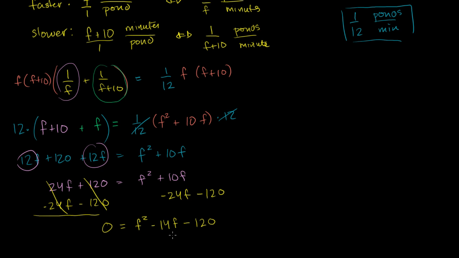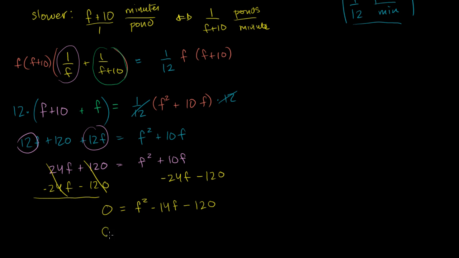So negative 20 and 6, when you take their product, give you negative 120. And negative 20 plus 6 is negative 14. So we could factor this right-hand side as 0 is equal to f minus 20 times f plus 6. When you multiply negative 20 times 6, you get negative 120. Negative 20 plus 6 is negative 14.